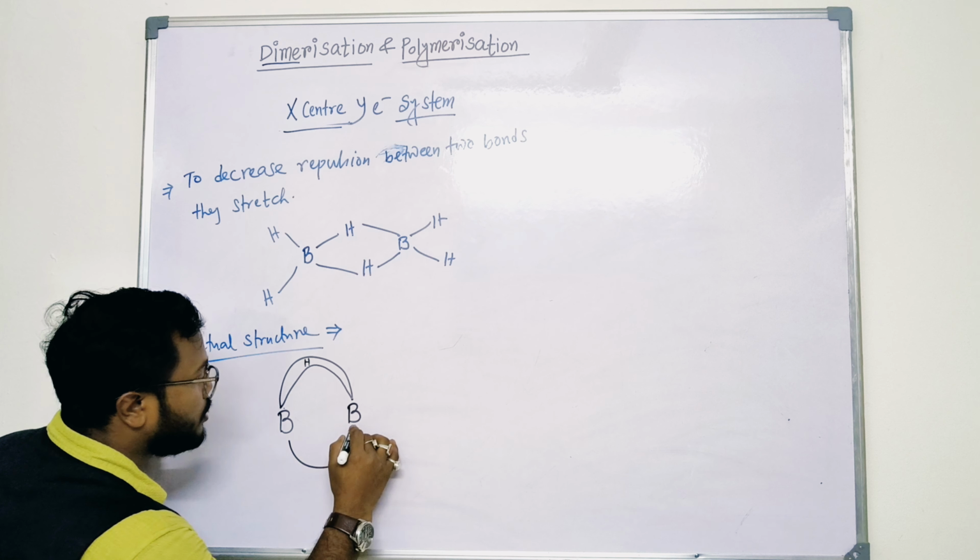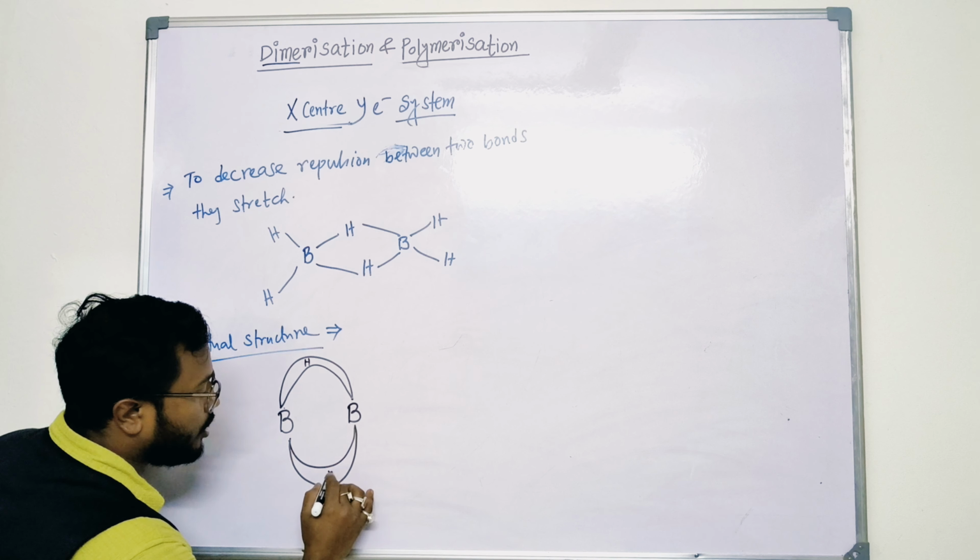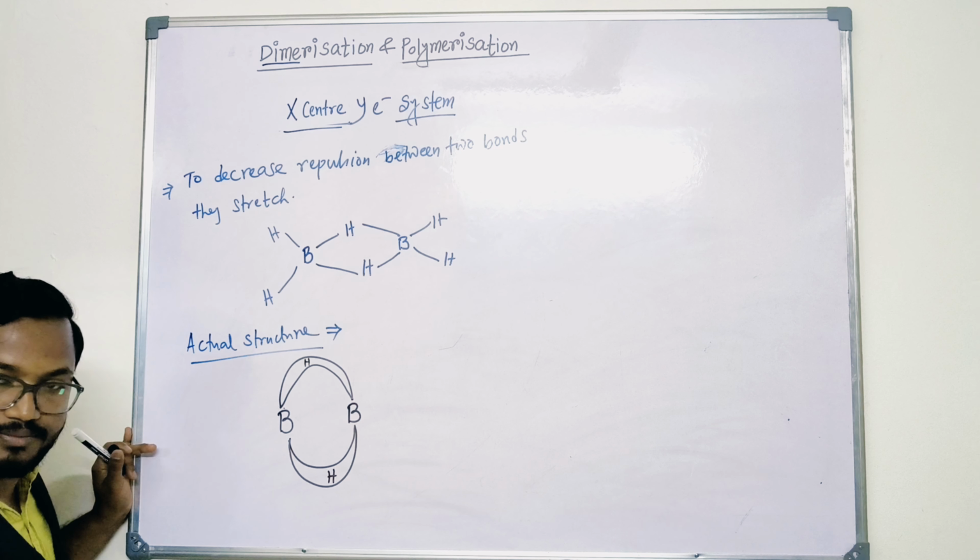In this case also a little stretch. Here also hydrogen is present. Another hydrogen connected like this. Another hydrogen connected like this. One hydrogen is like this. Another hydrogen is like this. Total 1, 2, 3, 4, 5, 6 hydrogens are there. So bridge bonds lie above the plane and below the plane. Why? To stretch a little, to give some extra stability to the molecule. This is the actual structure that is represented.